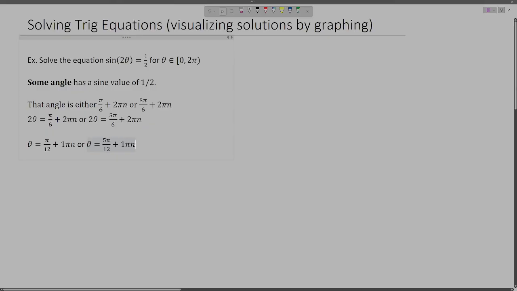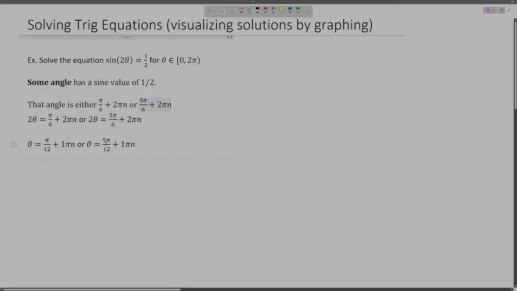What makes this part interesting is that because we have altered our equation slightly, we still have to double check which possible values of n will keep us within our domain of 0 to 2 pi. Before, we would have thought simply pi over 6 and 5 pi over 6, because those are the only angles in one full revolution that have a sine value of 1/2.